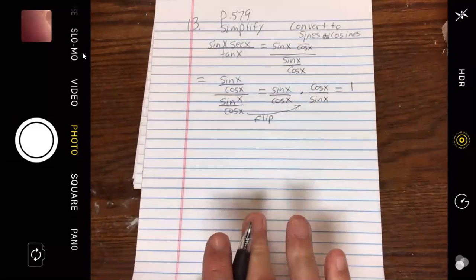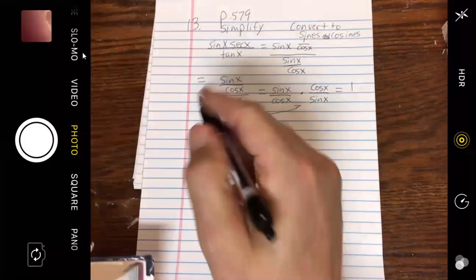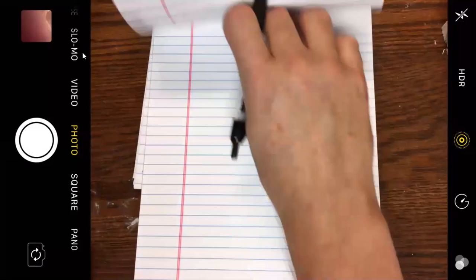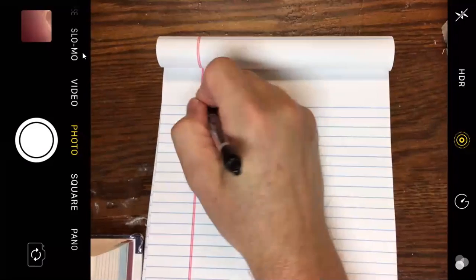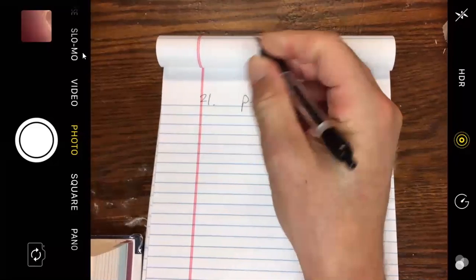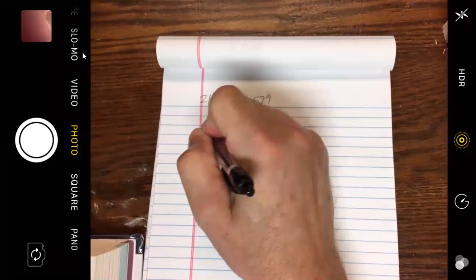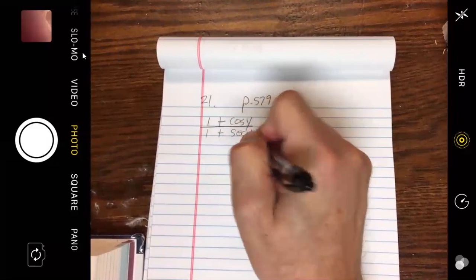All right. Why don't we try one like 21? Maybe we should flip pages in the middle. Sometimes these can get long. 21, page 579. 1 plus cosine of y over 1 plus secant of y.